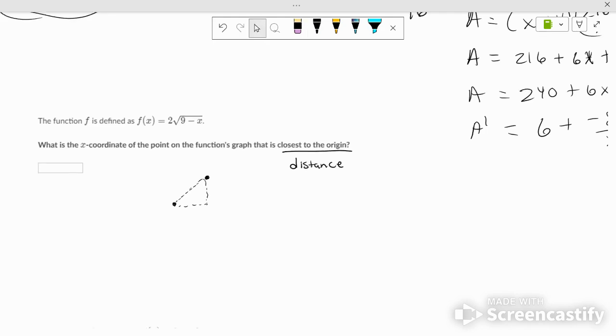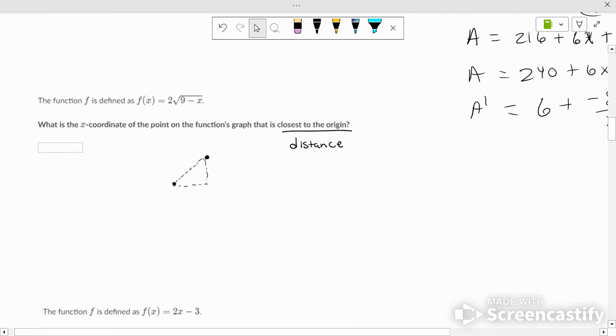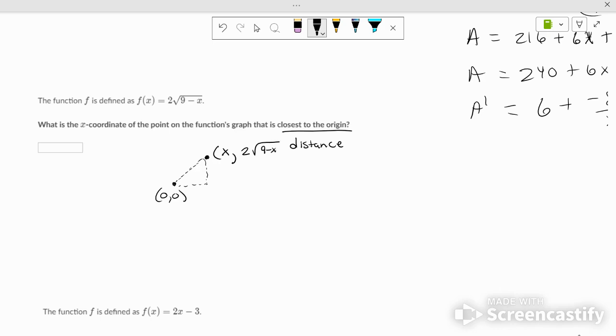So we're looking for what is the x-coordinate of this to make this. So the origin is 0, 0. This coordinate is x, comma, y, which is 2 square root of 9 minus x.